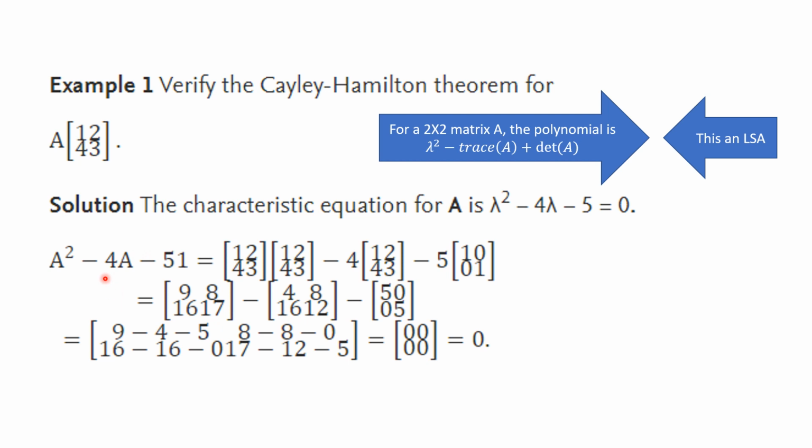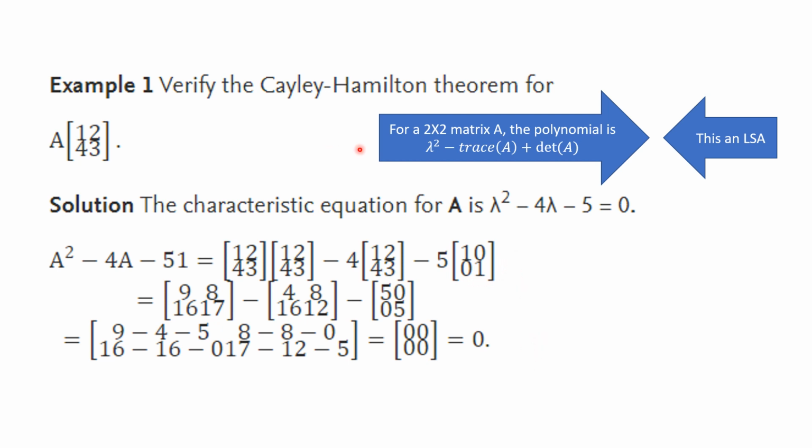So what you do is you figure out the characteristic equation. It is lambda squared minus 4 lambda minus 5 is equal to 0. And you check to see if A squared minus 4A minus 5I is equal to the 0 matrix. And if you do the calculation as shown here, you find out that it is.